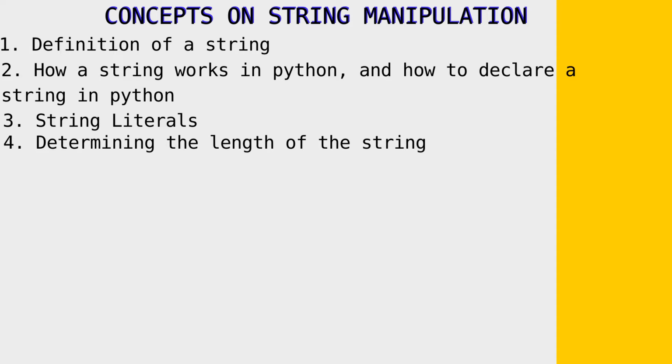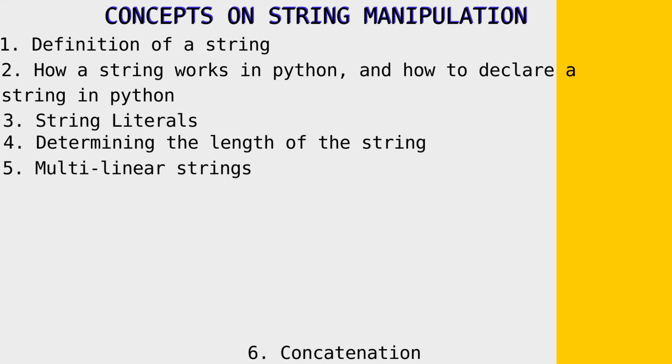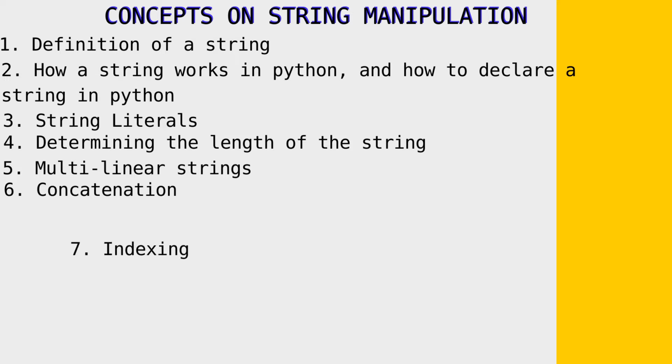Number 5, we will be learning about multiline strings and how to execute a multiline string in Python without facing challenges. Then we'll be concatenating strings. We'll learn about indexing.